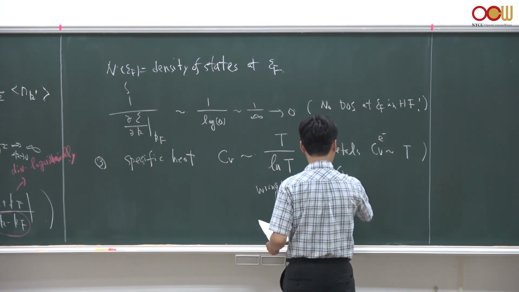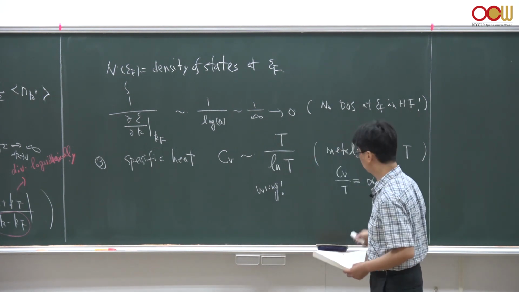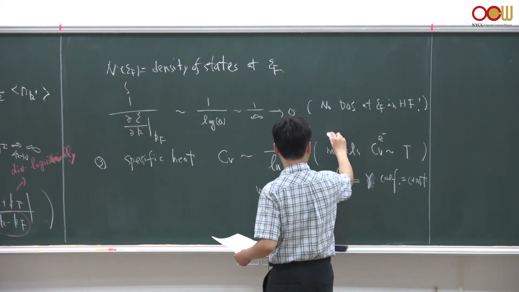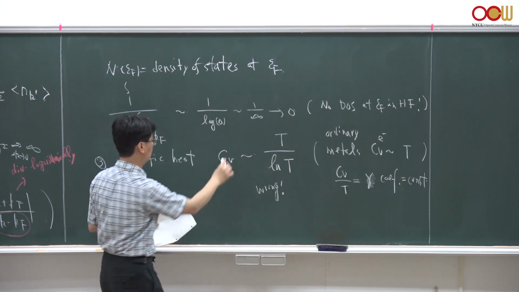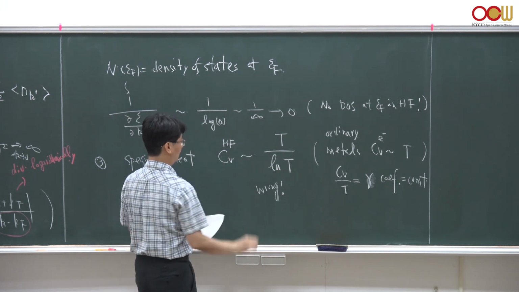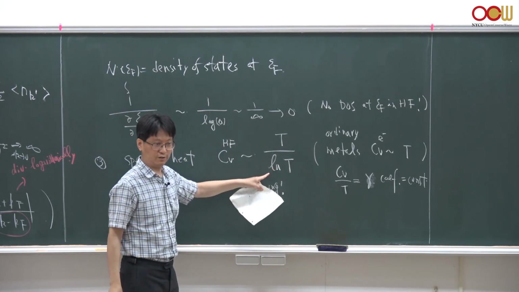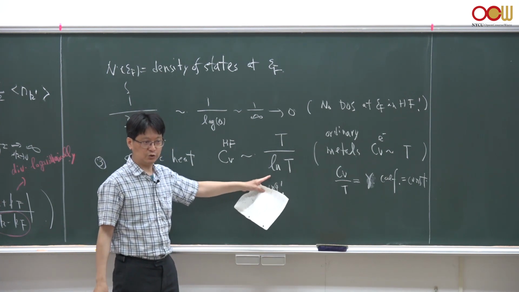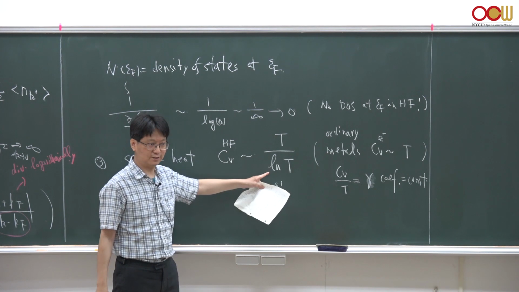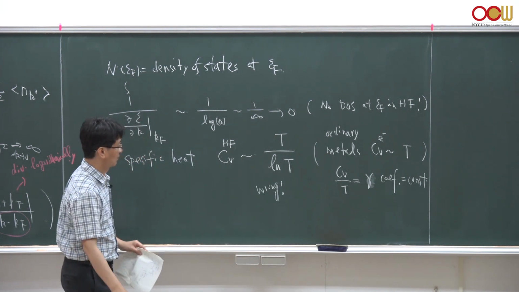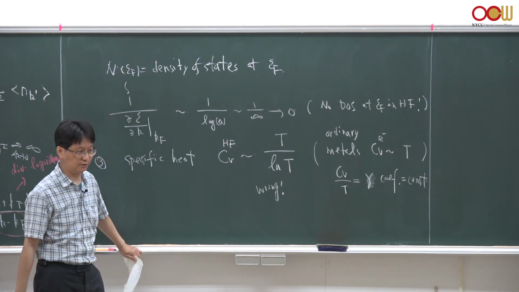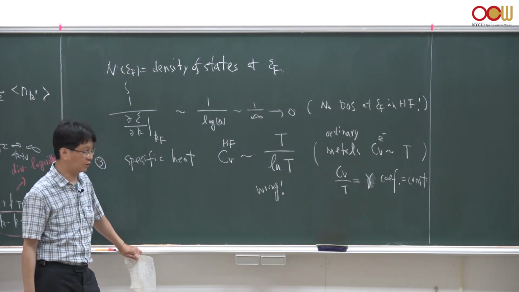So that's C_V over T, which we call the gamma coefficient, a constant for ordinary metals. But within the Hartree-Fock, it goes like T over log T. So you see that log T or logarithmic divergence is present in all quantities. It fails in all aspects because of this logarithmic divergence.